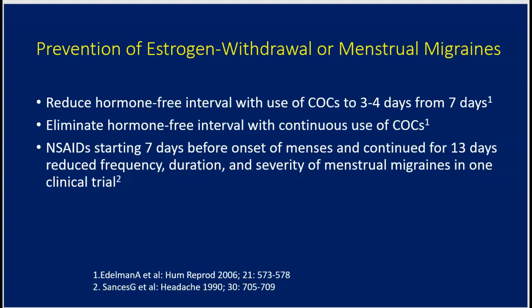One is to reduce the hormone-free interval to 3 to 4 days rather than 7 days if you're using combination products in a sort of monthly approach, or you can eliminate the hormone-free interval with continuous use of combination oral contraceptives, and that certainly seems to work. And the other approach is to start non-steroidals about 7 days before the onset of menses and continue it for 14 days. And at least in one clinical trial, this reduced the frequency, duration, and severity of menstrual migraines.